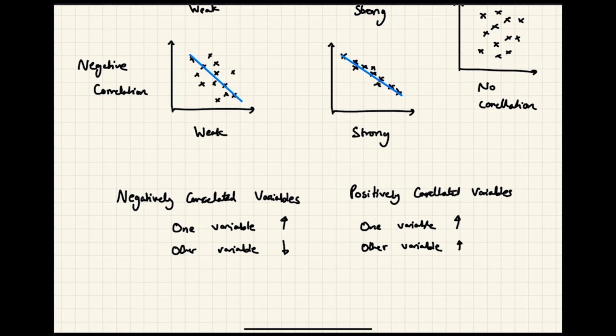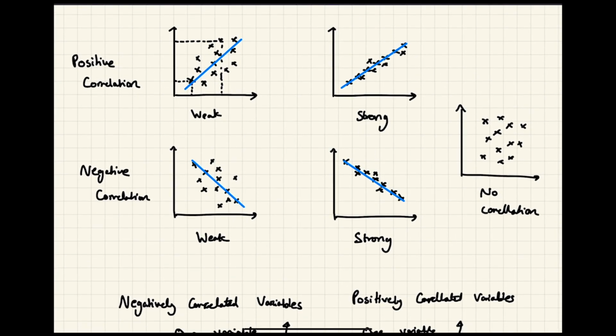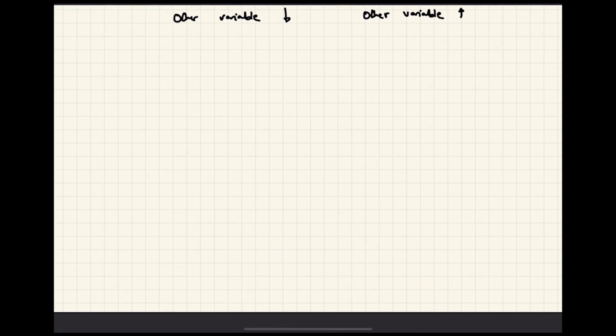So just to show that on the graphs up here, you can see on the positive correlation side over here that as one variable here is going up, the other one is also going up, and here you can also see as they're going up, they're also going up. But here you can see as one is going down, then the other one is also going down. So that's just how you work with the different areas of correlation. So hopefully that makes a lot more sense now.